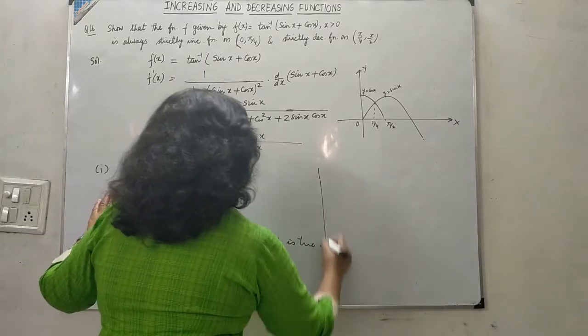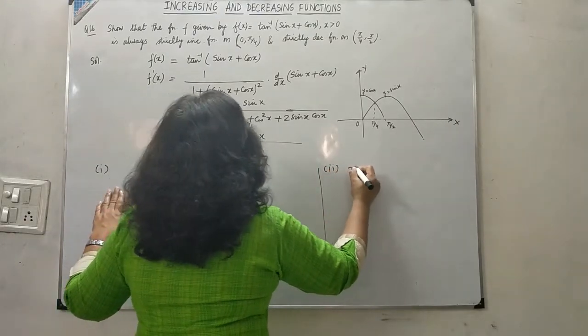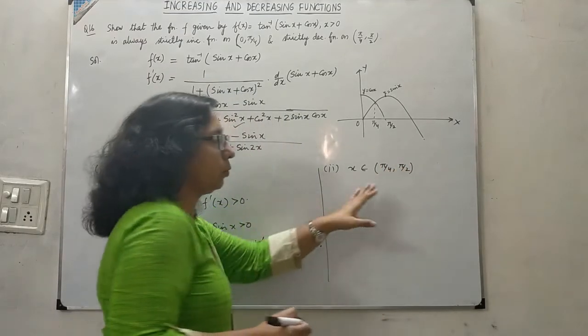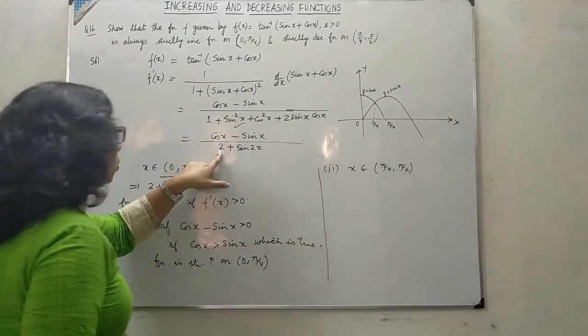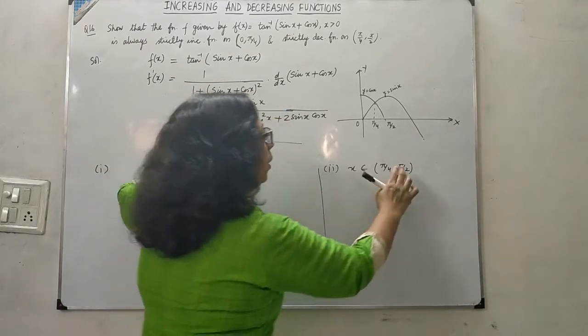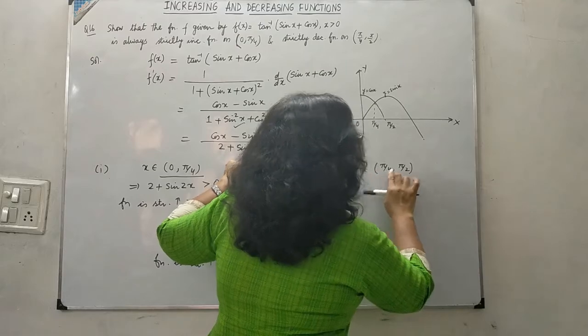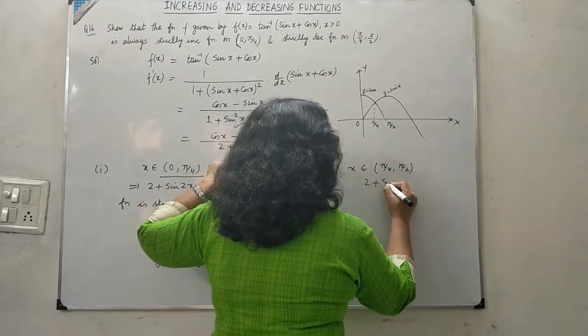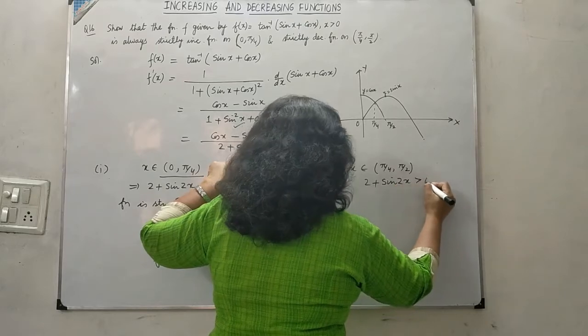And similarly, if I take the second part, when x belongs to pi by 4 to pi by 2, again you can see the denominator 2 plus sin 2x, then 2x will belong to pi by 2 to pi. In that quadrant also sine is positive, and 2 plus sin 2x is always positive.